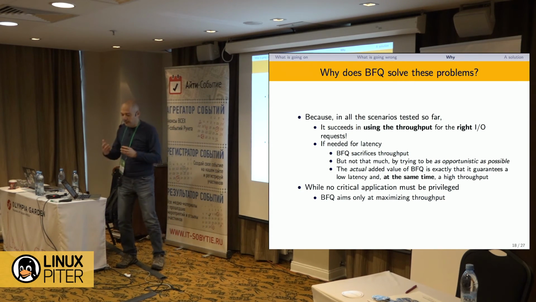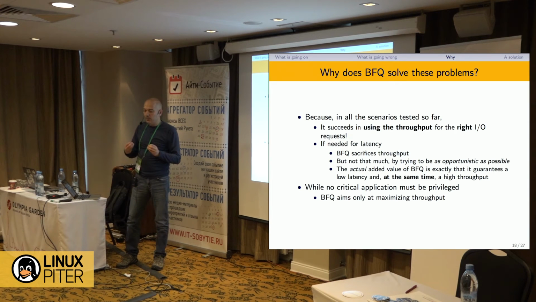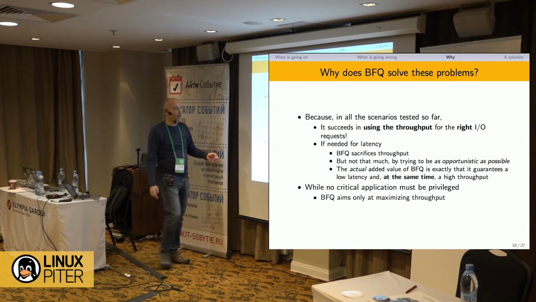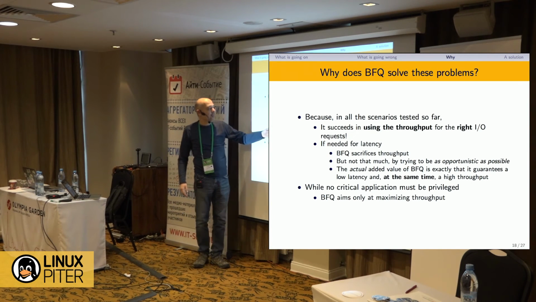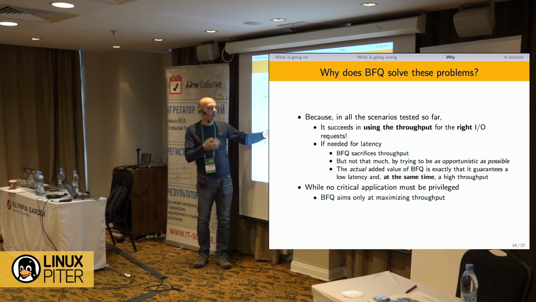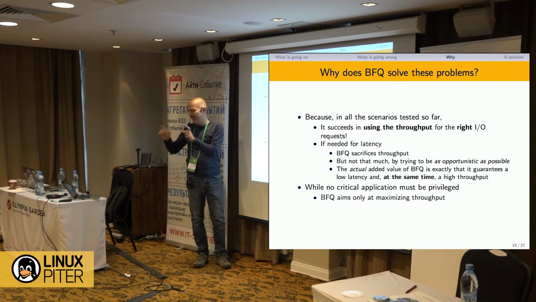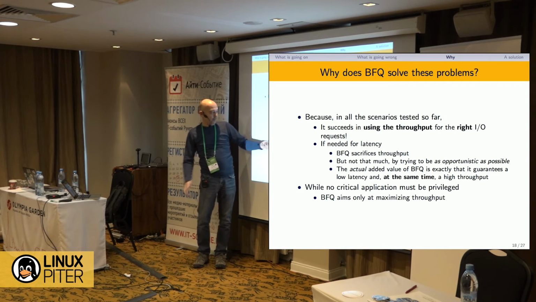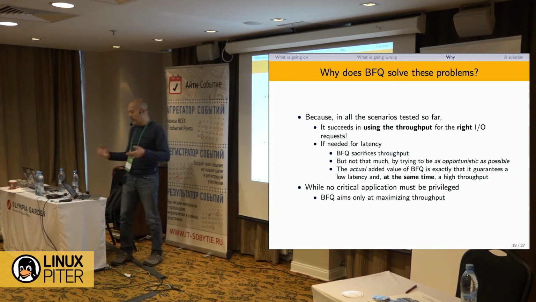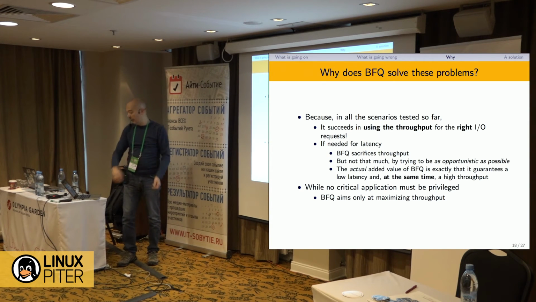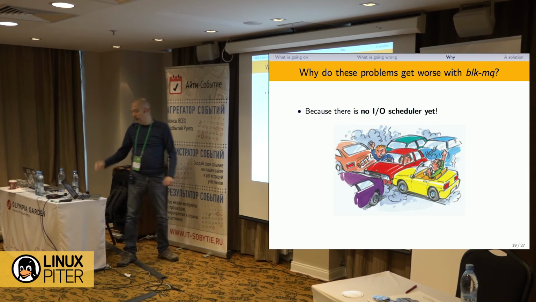It helps latency in the most opportunistic way, so that it does not sacrifice throughput when it is not needed. So the real challenge is not providing low latency. The real challenge is providing low latency and, at the same time, high throughput. That's the real challenge. Of course, if there is no application to privilege, then BFQ only tries to maximize throughput.